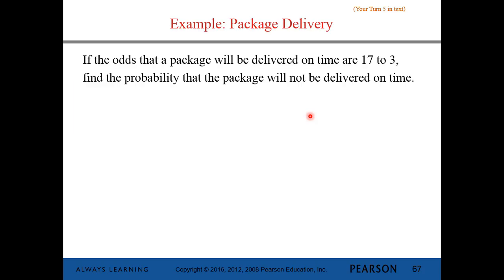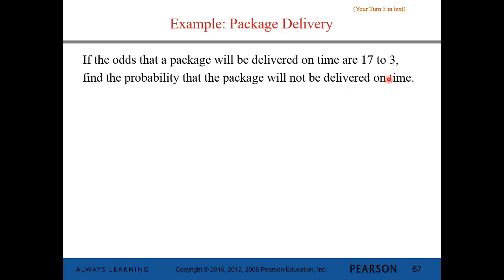Now, in this case, it says if the odds that a package will be delivered on time are 17 to 3, find the probability that the package will not be delivered on time. So we want the number of times that it will not be delivered on time in the numerator.